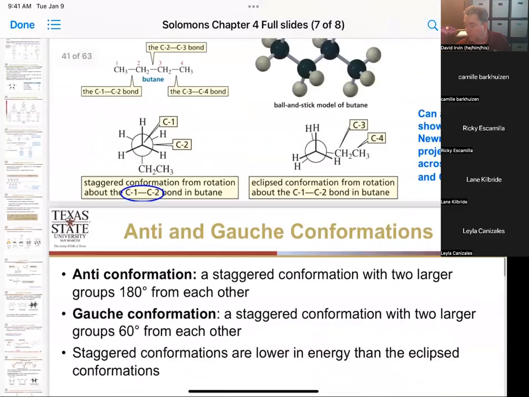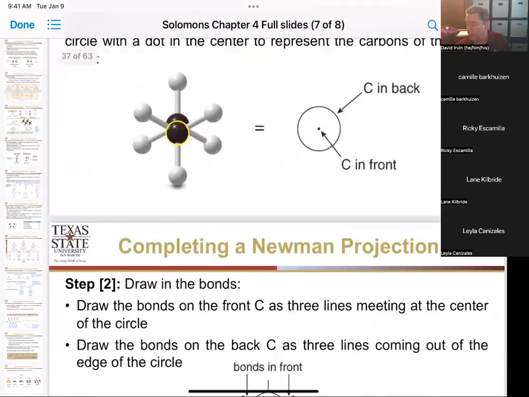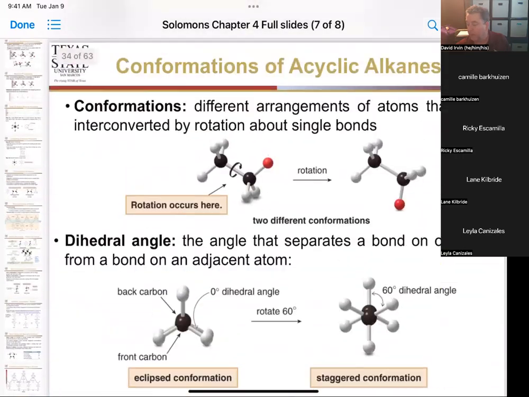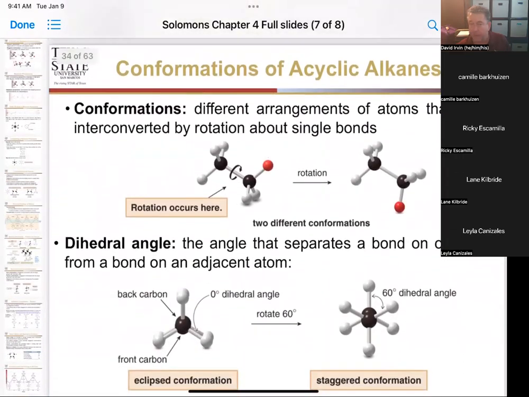All right, so now I'm going to go ahead and share my screen for my iPad. And we're going to talk about different ways to draw alkanes. This one right here says conformations of acyclic alkanes, meaning these are straight chain alkanes.